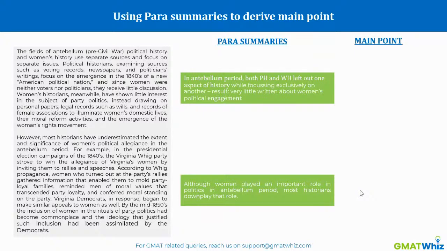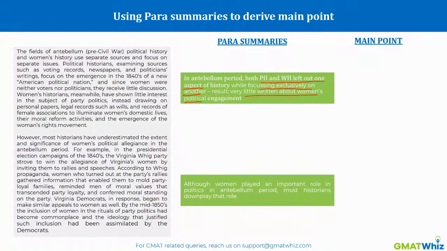So what is the intention of the first para? The major intention of the first para is to tell you that these historians left out one aspect and focused only on some other. And the outcome was little written about women's political engagement.